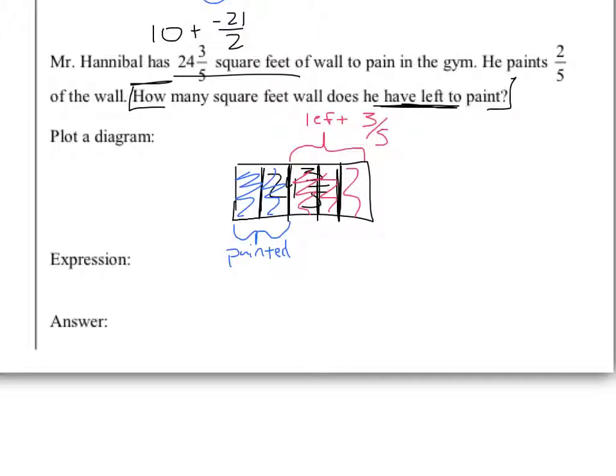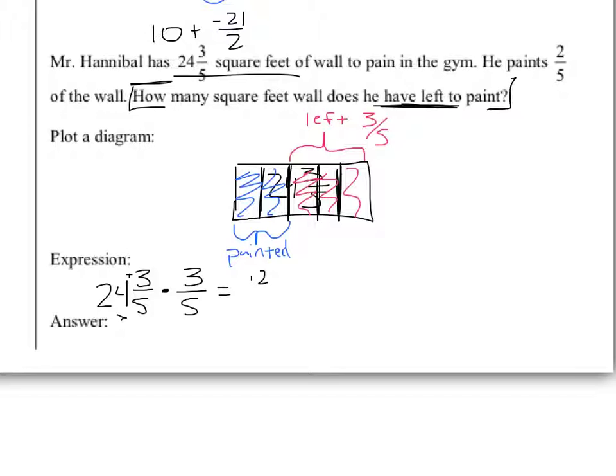So if we want to find a fraction of a total, we should remember this from 6th grade and from several problems that we've already done this year. You take whatever your total amount was, and you multiply it by your fraction. If I want to know how much he has left, I want to know what 3/5 of 24 3/5 is. So here we have to change this to an improper fraction.